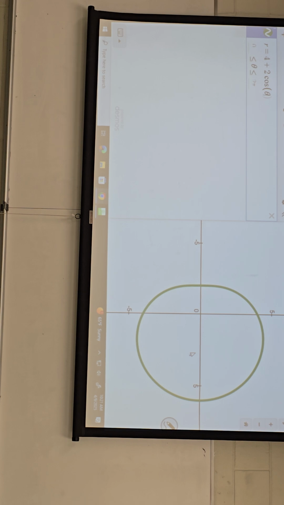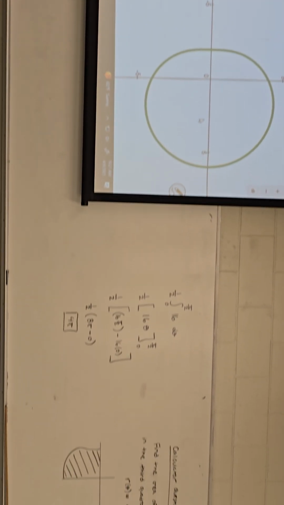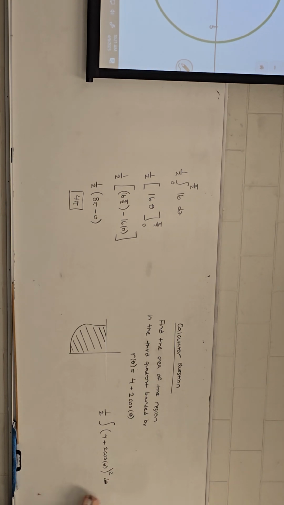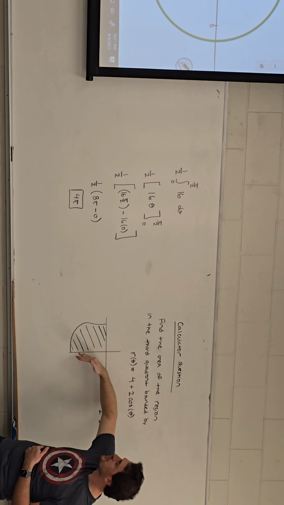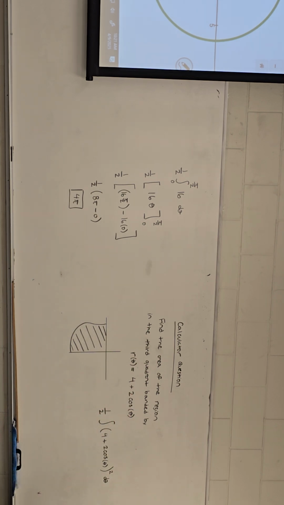So I think the format is not too bad. You've got 1/2 the definite integral of whatever your function is, just don't forget the squared. The only thing that's tricky about these problems, I'll say it again, is the limits of integration. We have to be phenomenal when it comes to angles. Not just simple quadrants like this, but being able to find angles, which we'll see in a second, is going to be the hard part.